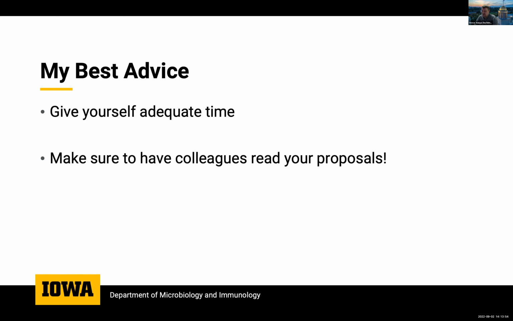They're the best source of advice you can get. But you can get conflicting advice when you have more than one colleague read your proposal. My best example of that is I had a 3-aim grant that I gave to 3 of my colleagues, all close to the area of the grant.